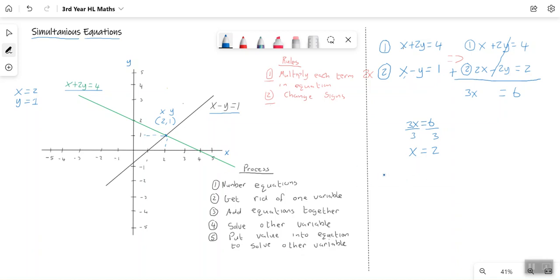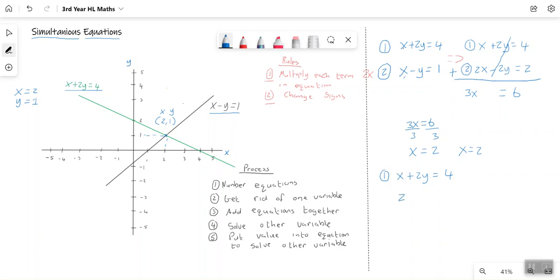So if we take equation 1, so equation 1 is x plus 2y is equal to 4, and we've just worked out that x is equal to 2. So what we can do now is we can take this x value and substitute it into this equation. So where there's an x, we just replace it with a 2.